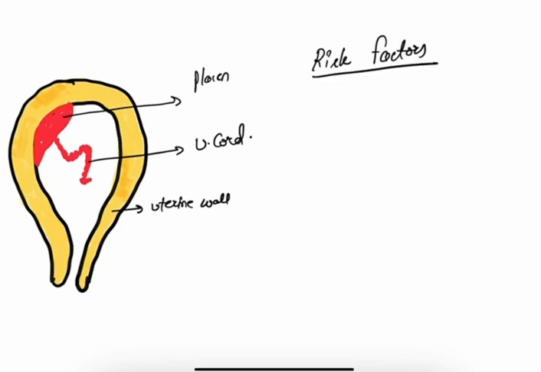Risk factors for placenta previa. It is more common in multiparous women who have more than one child or multiple children. It is also more common in advanced maternal age.